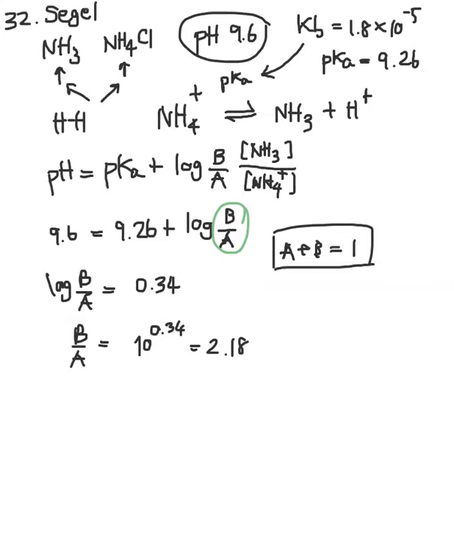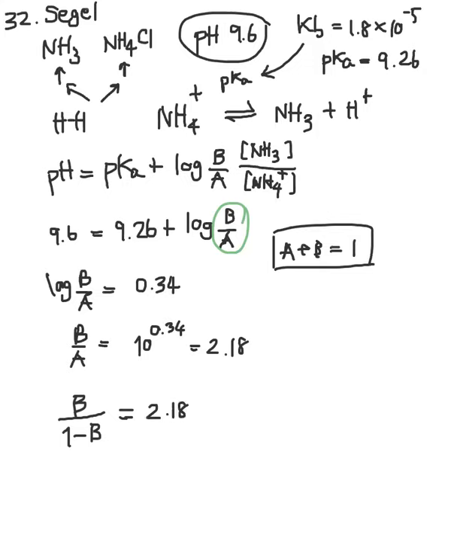So to solve for B first, you have to change A in terms of B, which will be equal to 1 minus B here. So B divided by 1 minus B will be equal to 2.18.